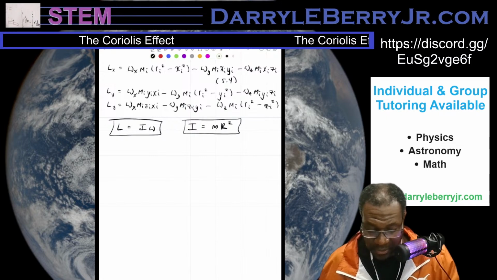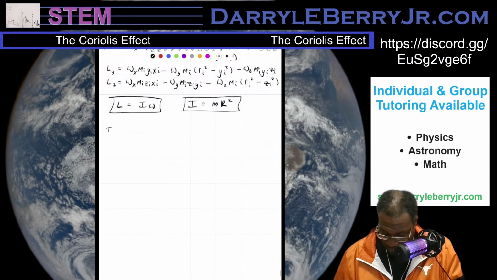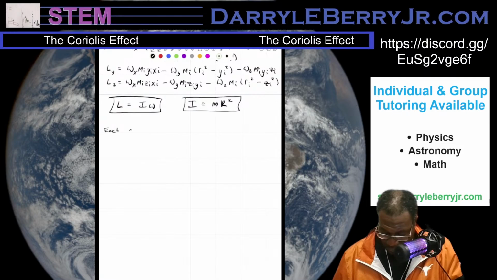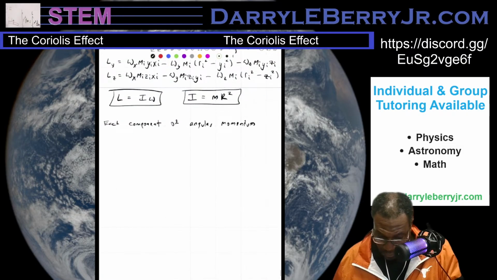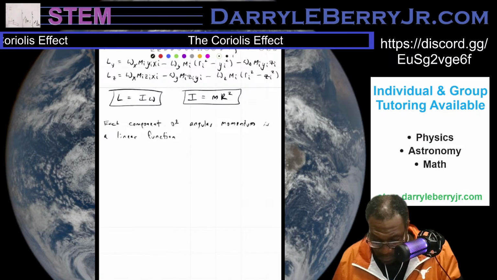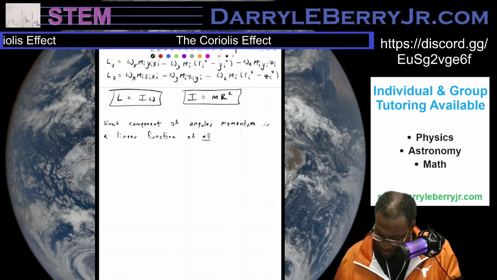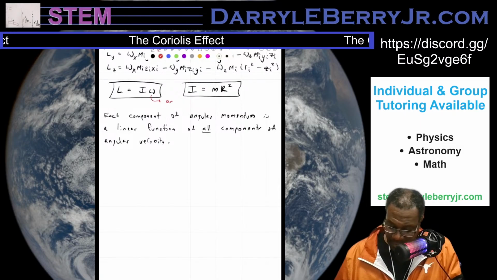Thus, each component of the angular momentum is a linear function of all the components of the angular velocity. So this is the angular velocity.